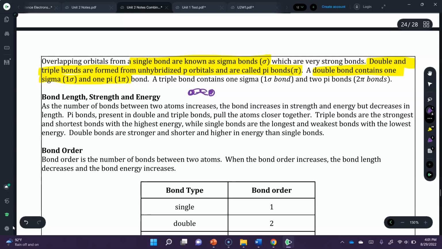So those are overlapping orbitals. But then you also have a pi bond. So p orbitals overlap to form that double bond. And then you would have another for a triple, and these always form on the XYZ axes.